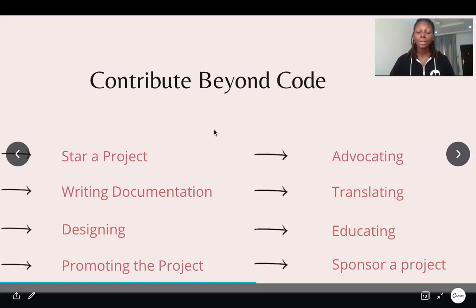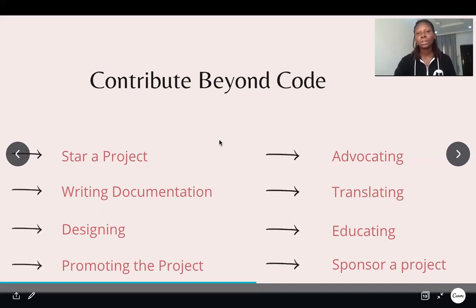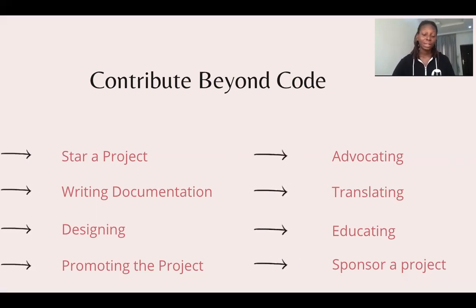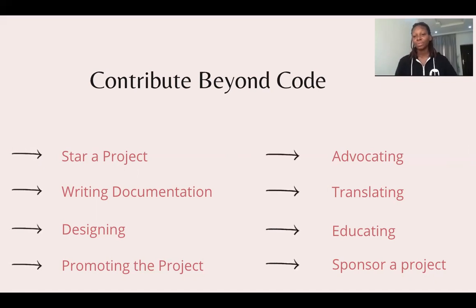And another way you can contribute is by translation. So in the open source environment, there are contributions from all around the world, not just Africa or not just Europe. They're everywhere. So we need translations, because most persons are not very familiar with English.